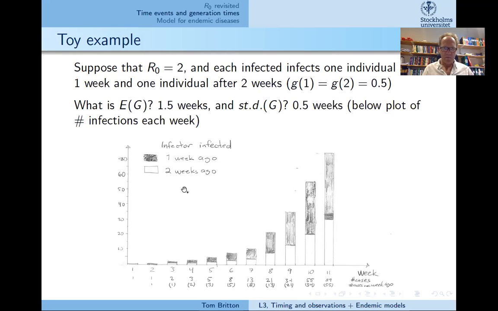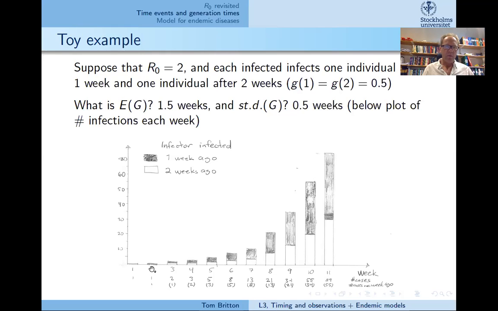So here comes a handwritten plot of what will happen with this epidemic. There is no randomness here, unrealistic, but let's do that. So this is week 1, week 2, week 3, week 4. You start with 1 person infected in week 1. This person infects 1 person at week 2, and infects 1 person at week 3.